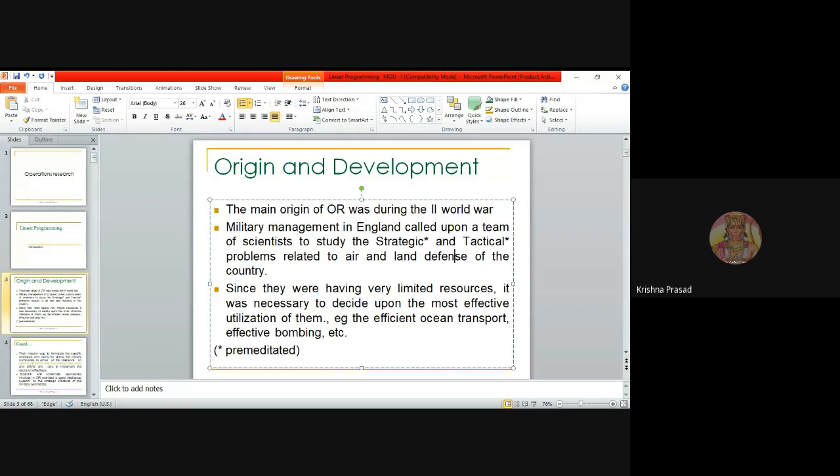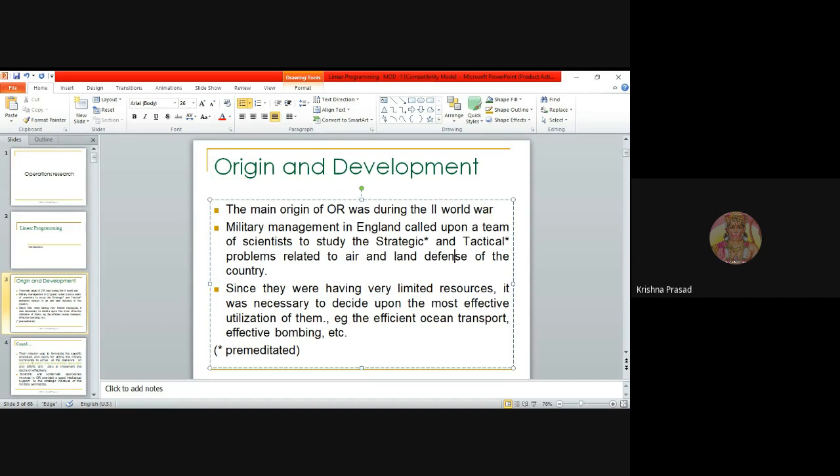That's all. It means the consumption is very high, resources are very limited, and how are you going to declare a war against your enemy? So how you are going to utilize the existing resources optimally is very important. So here we wanted to use a word called optimal.